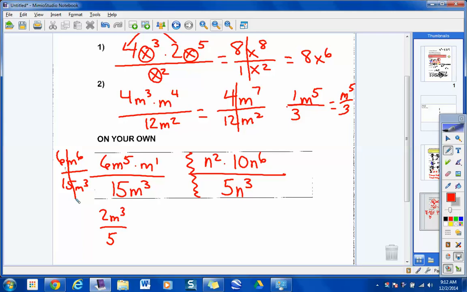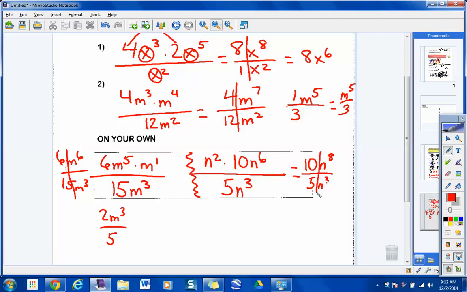Excellent. This next one, this would become on the right 10n to the what up top, guys? What's the 6 and 2 going to add up to? You're getting multiplied up top, right? So it'd be 2 plus 6, wouldn't it? So 10n to the 8th up top, isn't it? Bottom is still 5n to the third. Split.